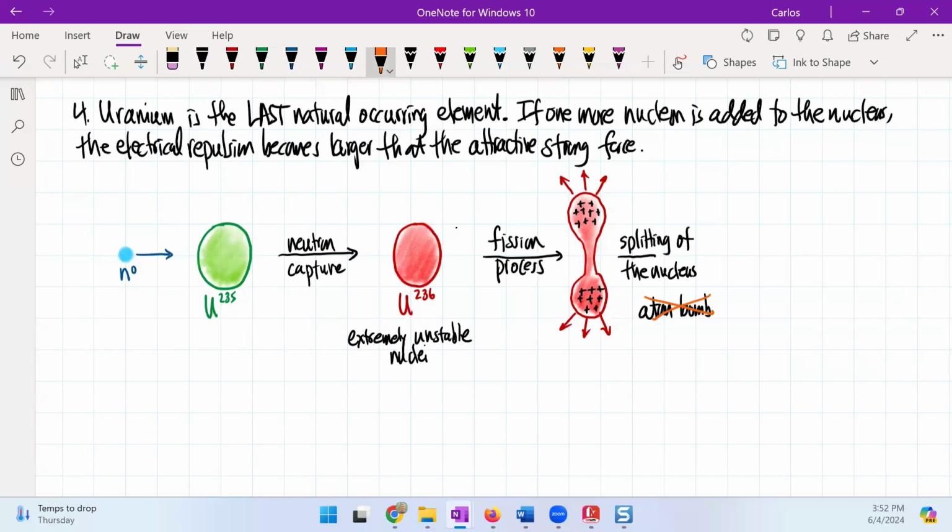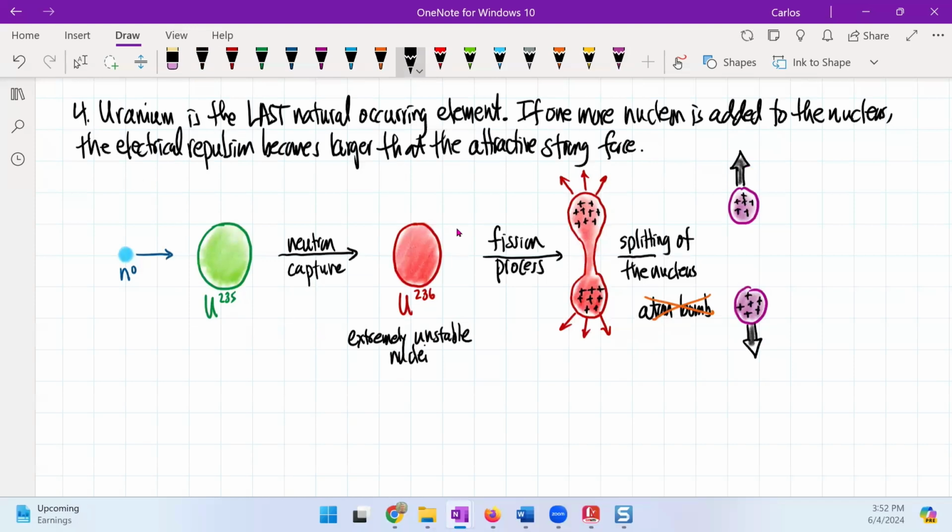These pieces effectively stretch and move in different directions, so I get a very strong electrical repulsion going this way, that way.